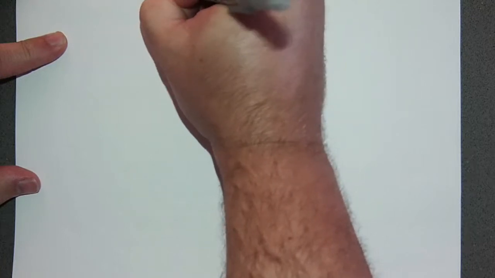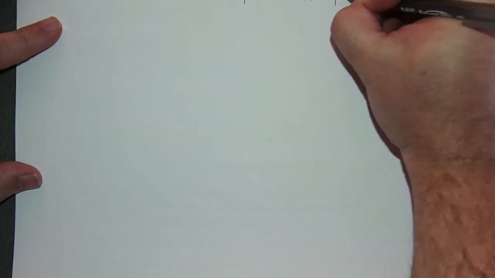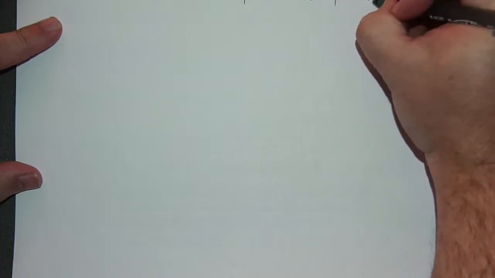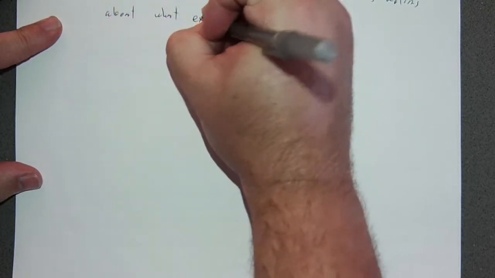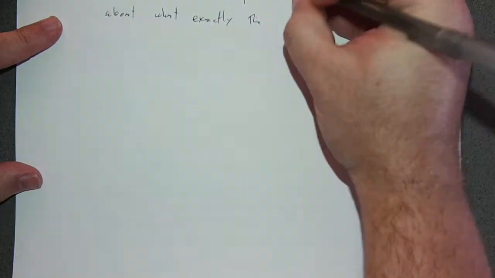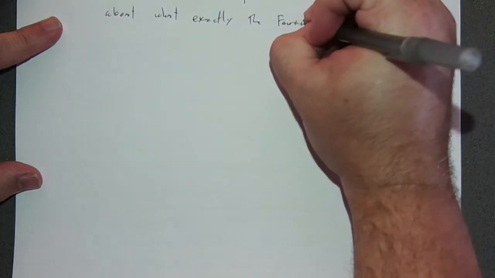Now, so finally, we can precisely state what each of these things are. So finally, we can make precise these previous notions, I'll say, about what exactly the Fourier series do.